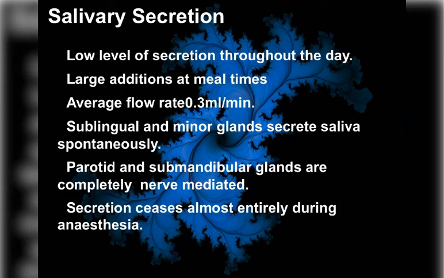Parotid and submandibular glands are completely nerve mediated. So the secretions in the parotid and the submandibular are completely under the control of nerve messages, neural messages that tell the gland to secrete or not.